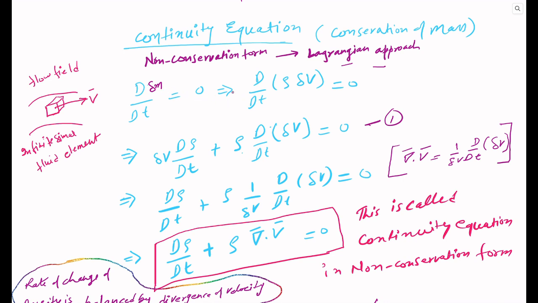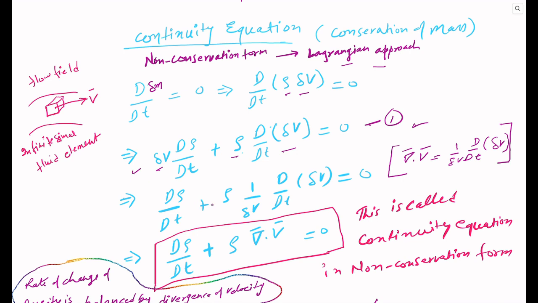So we can write delta m as density rho into volume, and we differentiate it by parts. We differentiate the first term, taking the second term as a constant, plus the first term as a constant and differentiating the second part. This is equal to 0. This is equation 1, and we divide equation 1 by delta v.